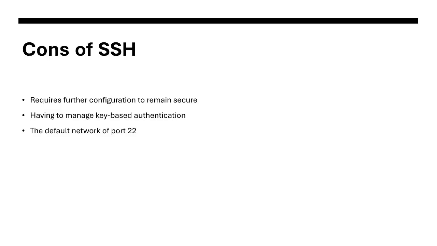The first con is that Secure Shell requires further configuration to remain secure. For example, passwords can be vulnerable to brute force attacks. This means that configuration is important to fit that user or administration's need. The second con is having to manage key-based authentication.